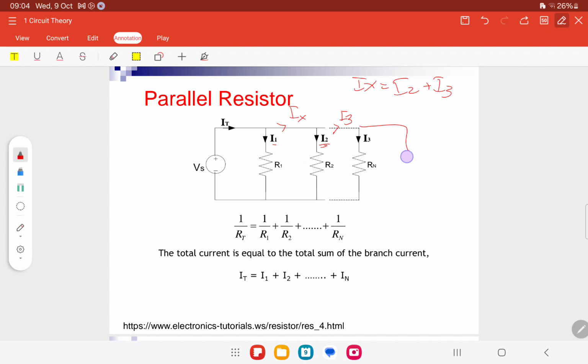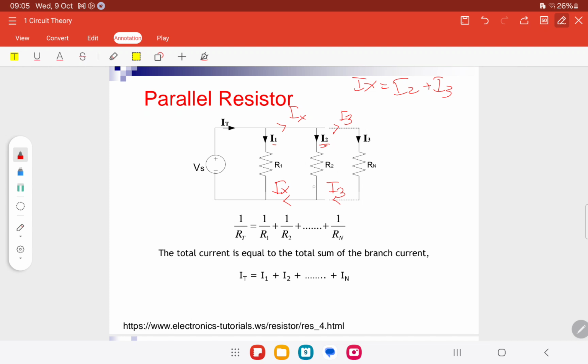Let's say kalau belakang ni ada lagi, so it is not I3. Okay, so since dah tak ada, so that one is I3. Here is I apa? Sini I3. For here IX, ataupun you nak tulis I2 plus I3 pun boleh. It is the same thing kan?